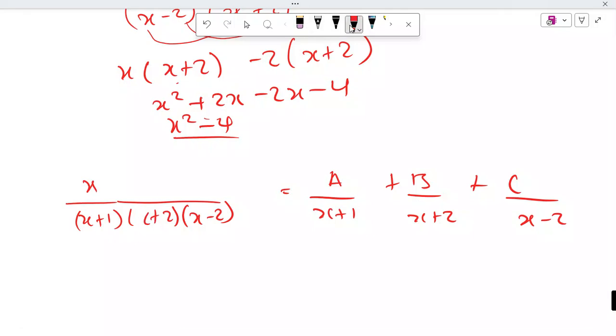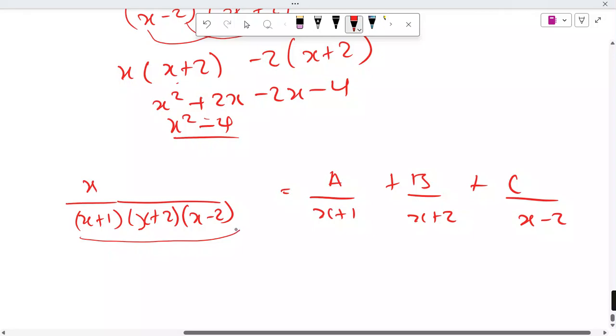Let's continue. Now the job is just to find A, B, and C. I've showed you multiple examples now. You multiply both sides by the denominator, this one. If you multiply this side, you only remain with x.